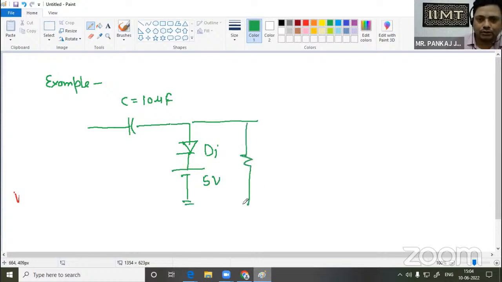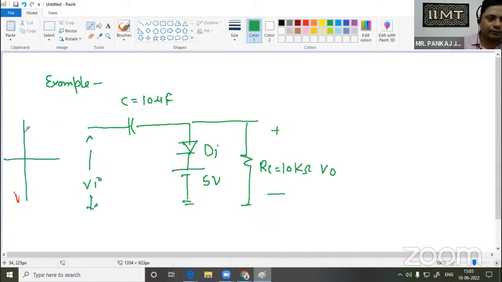Across this is the load resistance RL, whose value is 10 kilo, and we are going to find the output voltage. We apply our input at this terminal, and suppose the input waveform is a square waveform with magnitude of 10 volt and minus 10 volt.